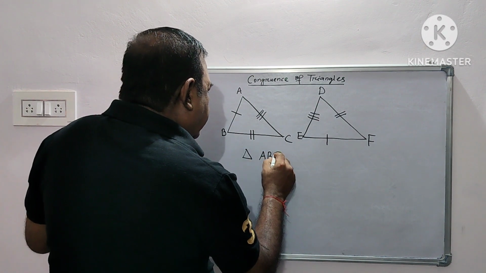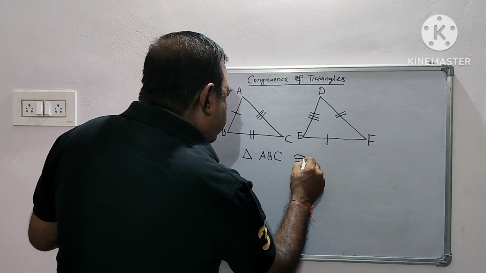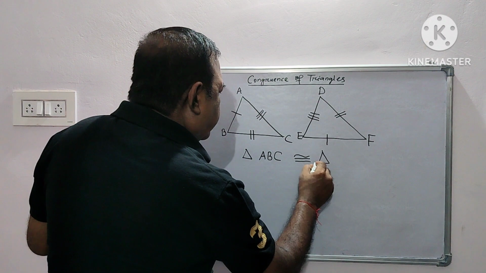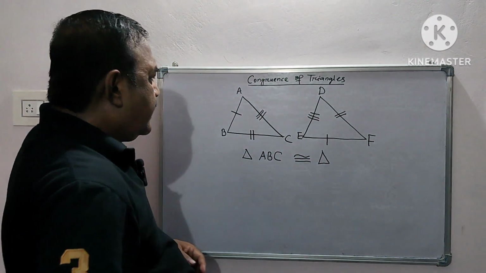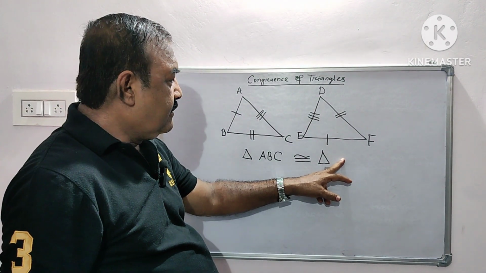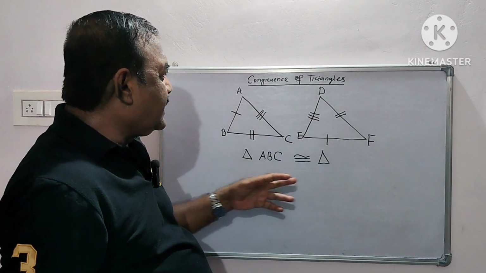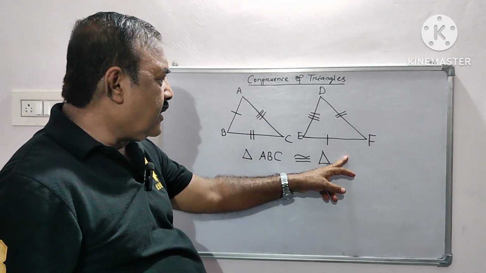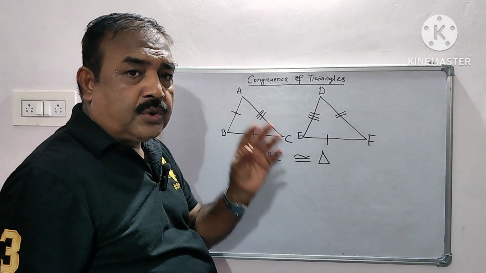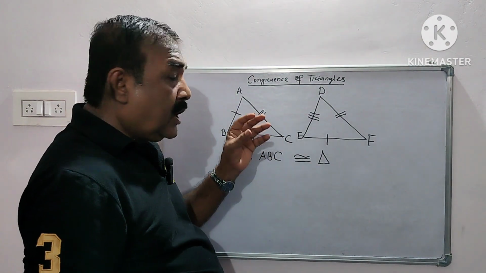So triangle ABC, you give the symbol for congruence. Then now you will have to decide what name should be given. You cannot write haphazardly, this will be DEF. No, that will be wrong, because the order of the letters should be maintained here. It is most important when you are doing the congruence of triangles.